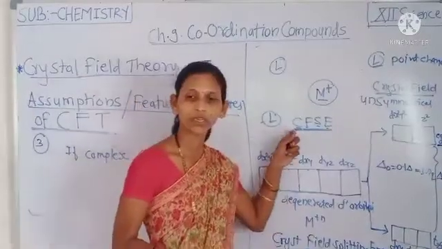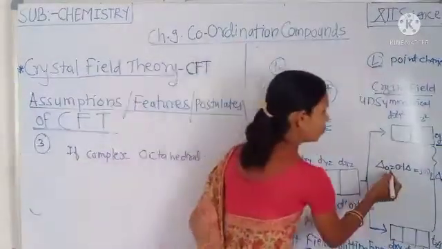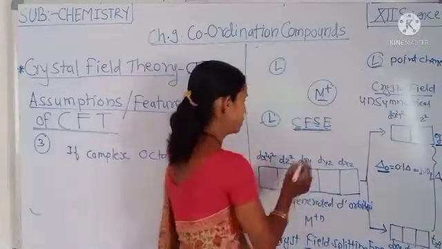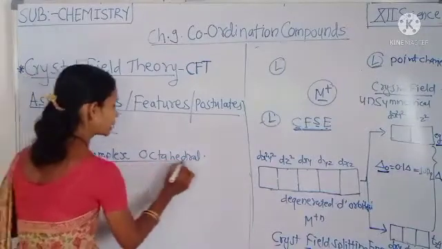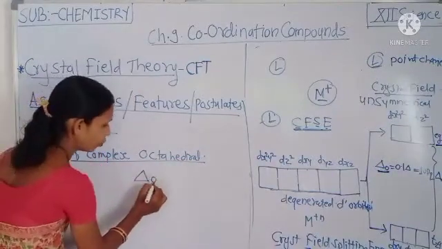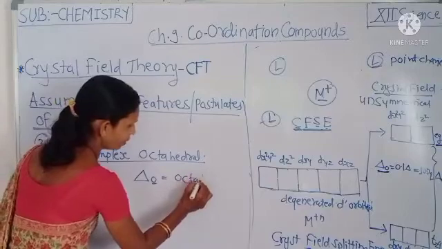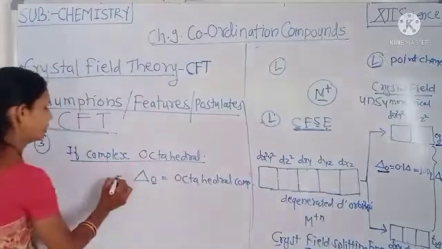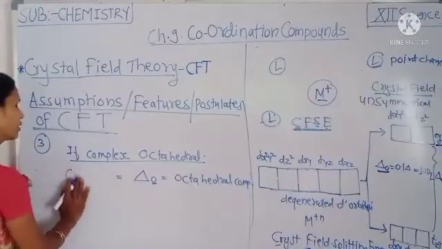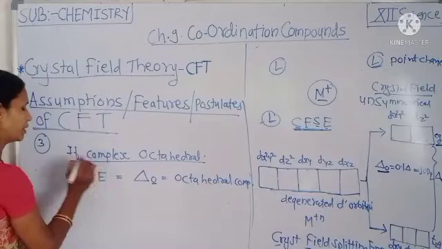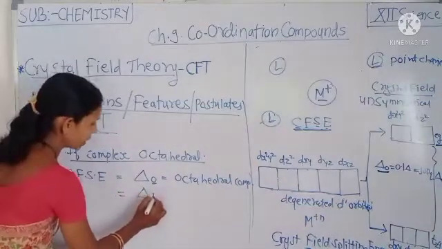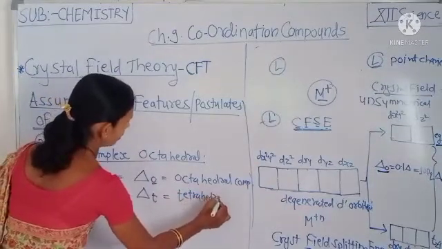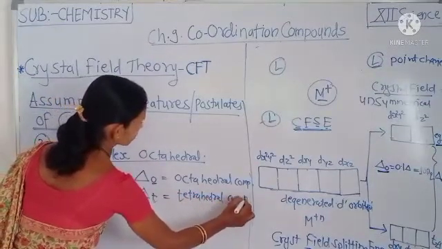Here the symbol delta O is used in CFT if the complex is octahedral. Delta O means the crystal field splitting energy for an octahedral complex or compound, and delta T is for a tetrahedral complex.